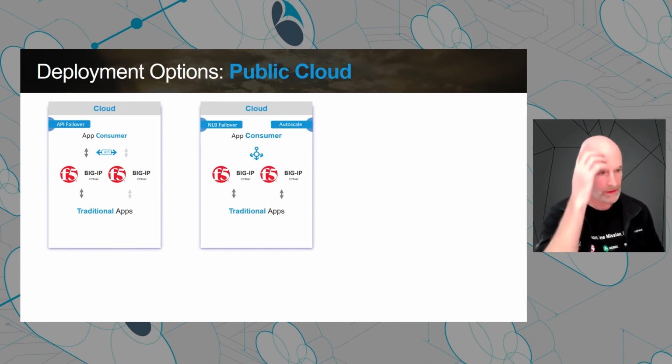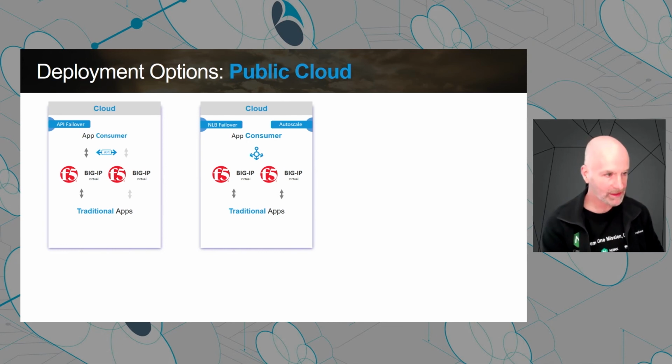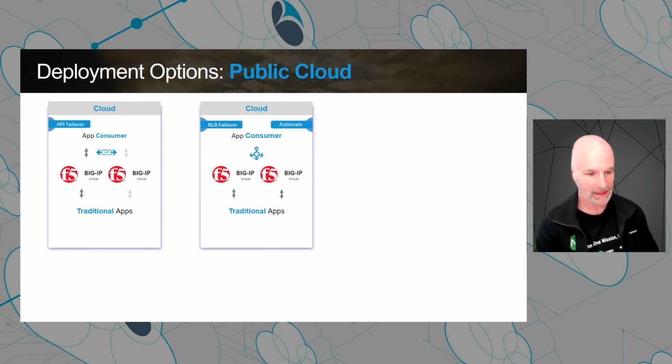The second method of deployment in public cloud is to use one of the cloud providers' layer 4 load balancers, and actually across all the clouds, it's Nginx open source performing that role. You can use that simple load balancer to distribute traffic across HA pairs of BIG-IPs.